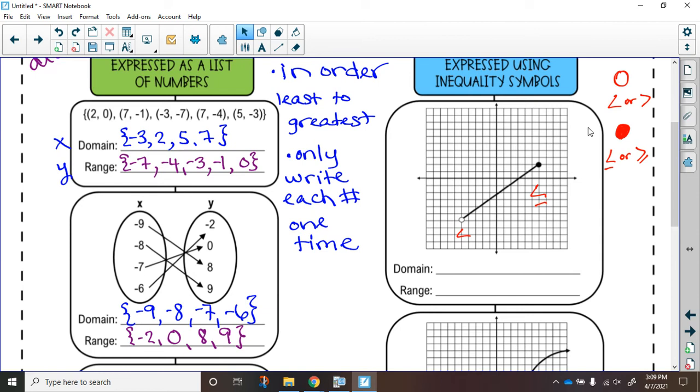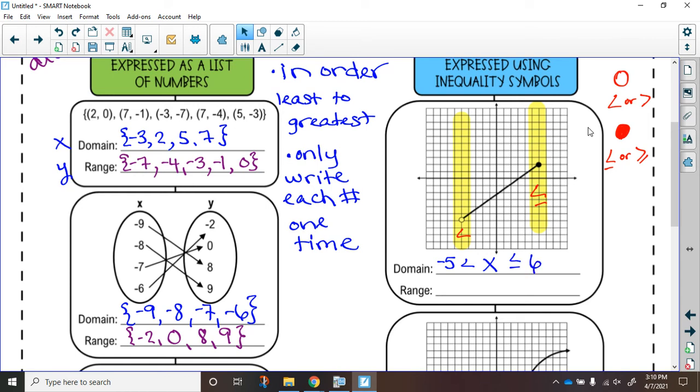So my smallest value on the x-axis, this is at negative 1, 2, 3, 4, 5. So negative 5 is my smallest x value. It's going to be less than x. And my biggest x value, this is at positive 1, 2, 3, 4, 5, 6. So less than or equal to 6.